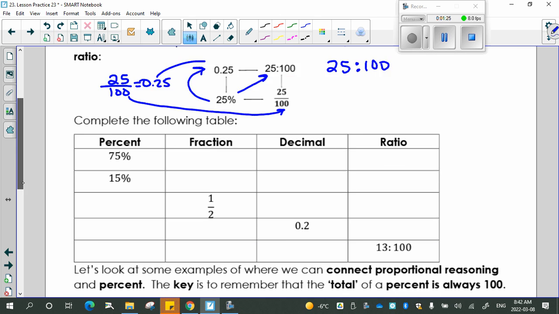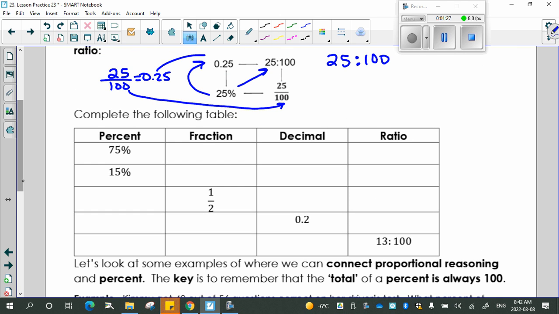So see if you can write 75% as a fraction, a decimal, and a ratio.